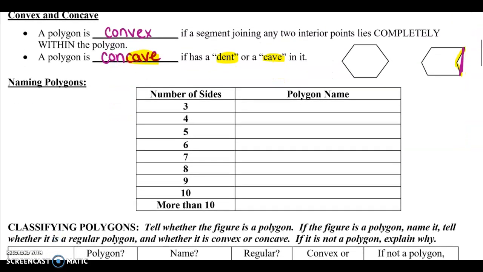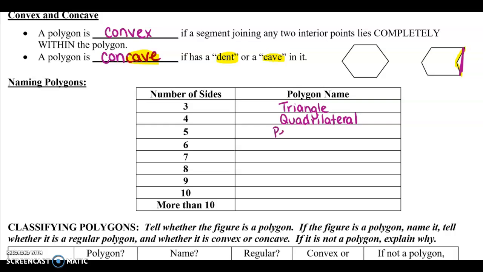All right, naming polygons. A 3-sided polygon is a triangle. A 4-sided polygon is a quadrilateral, which we're going to focus on a little bit more towards the end of our notes.